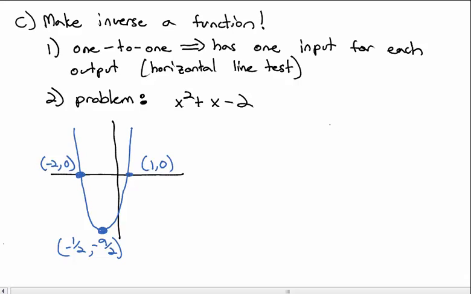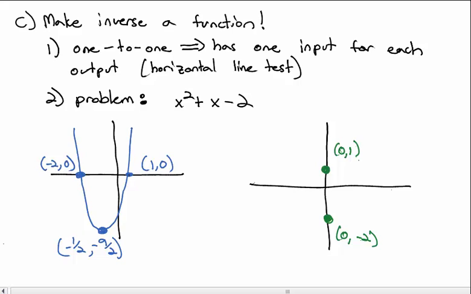If I were to try and graph the inverse function, negative 2, 0 would flip around to be 0, negative 2. And 1, 0 would flip around to be 0, 1. And negative 1/2, negative 9/2 would flip around to be negative 9/2, negative 1/2.